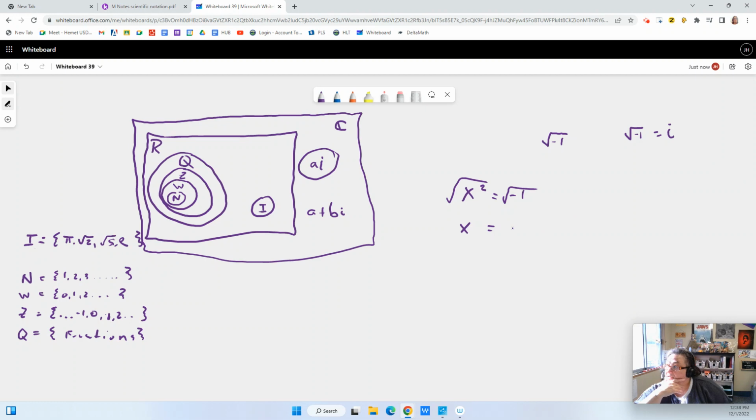So the square root of -1 equals i. We have also decided that i squared would equal -1.